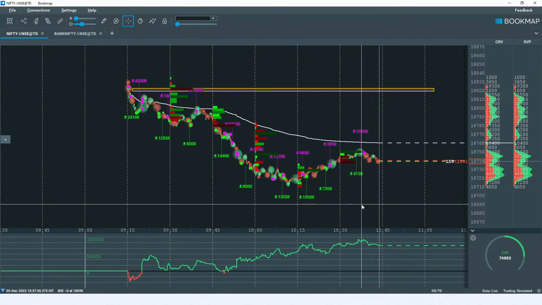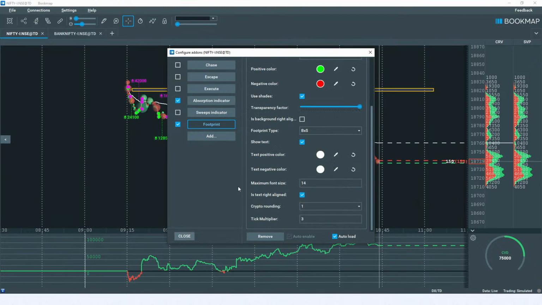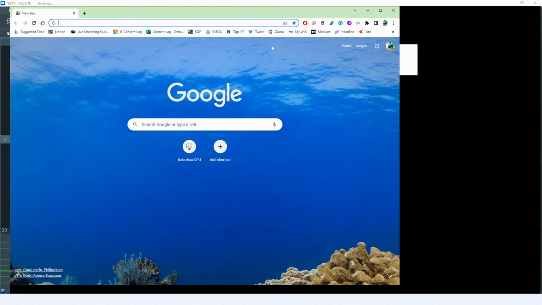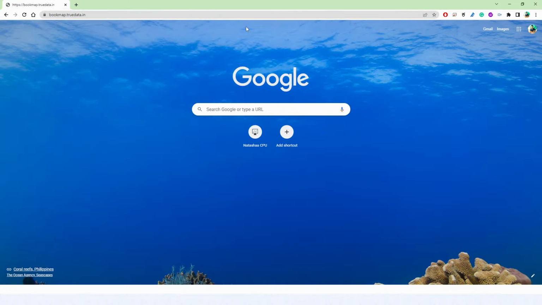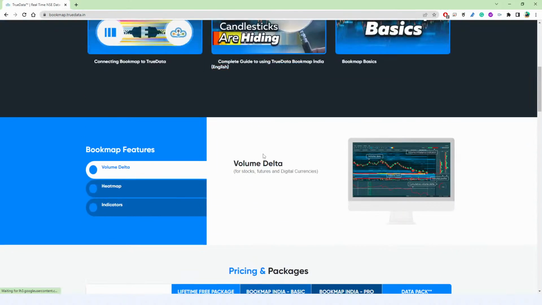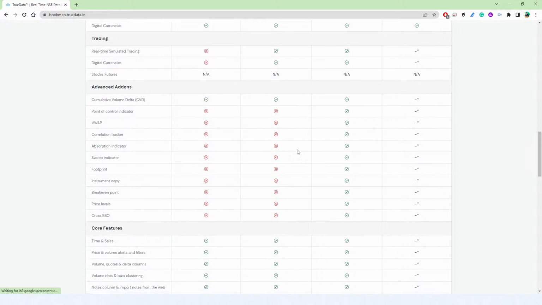Okay, please explain the sweeps indicator. There is one more indicator called the sweeps indicator. Let me enable it. But before that, just a moment, I want to show you here. If you visit bookmap.rootdata.in, this is the pro version I'm presently using. We have many indicators over here.